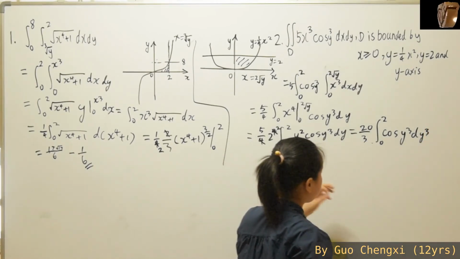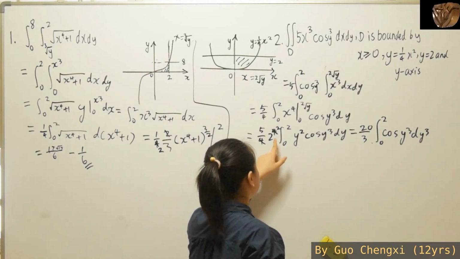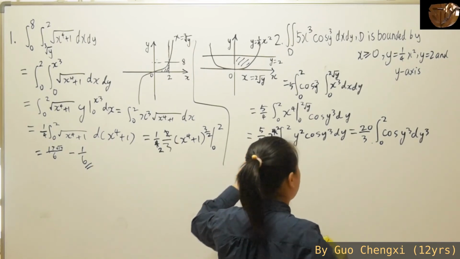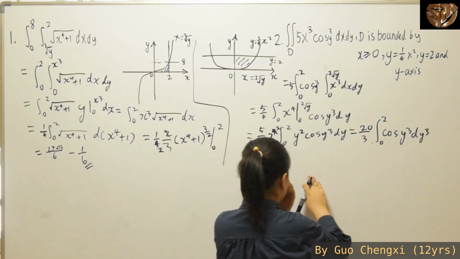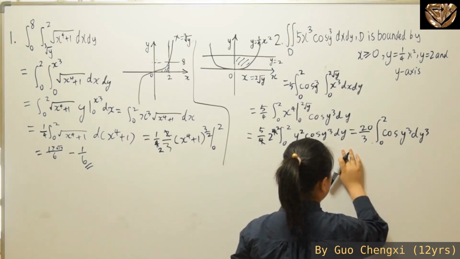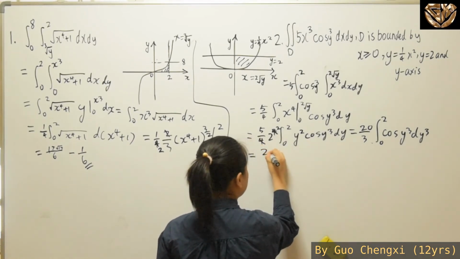First we divide by 4, so this will just become 2 squared, which times 5 becomes 20. And then you have to divide by 3, since we're going to integrate this part. And now we can integrate this part.